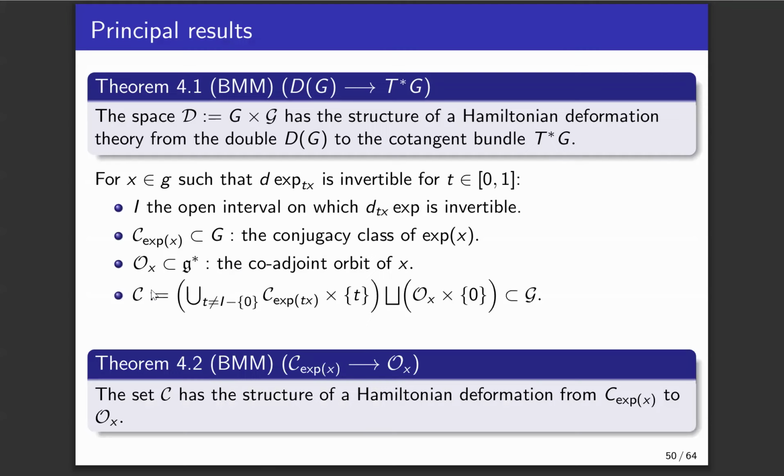And then, if we define this set C by taking the union of all conjugacy classes of the exponential of tx, and the coadjoint orbit of x times 0, as a disjoint union, then the set C has the structure of a Hamiltonian deformation from the conjugacy class of the exponential of x to the coadjoint orbit of x.